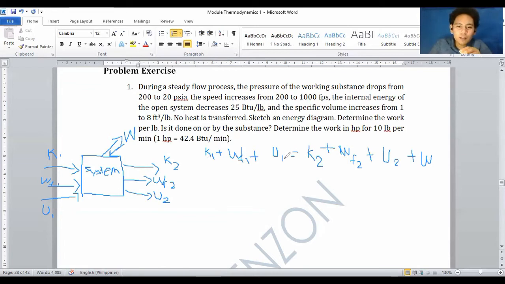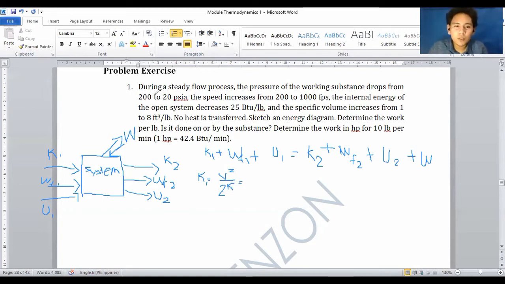Now, for us to be able to get these parameters, we have to solve each of these using all the givens in the problem. Let's go to kinetic energy first. Your K1 is equal to velocity squared over 2K.